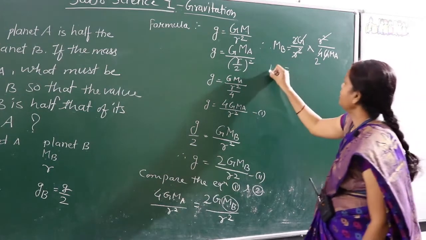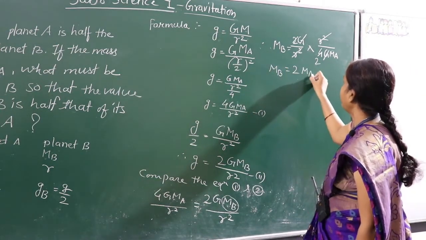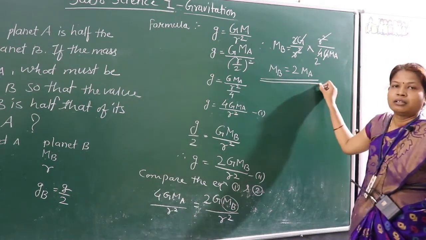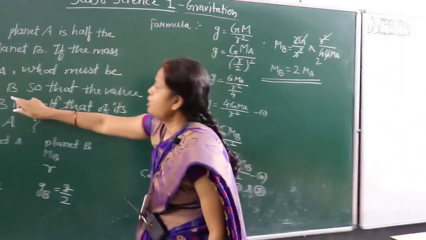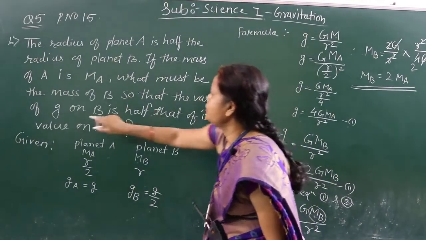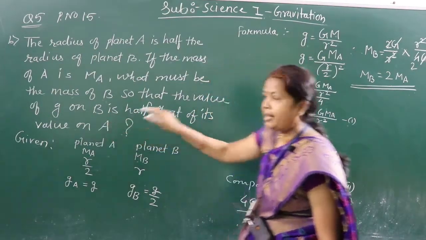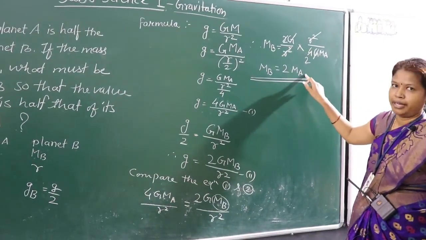So at last M_B is equal to twice M_A. This is what is asked in your example: what must be the mass of B so that the value of g on B is half that of its value on A?